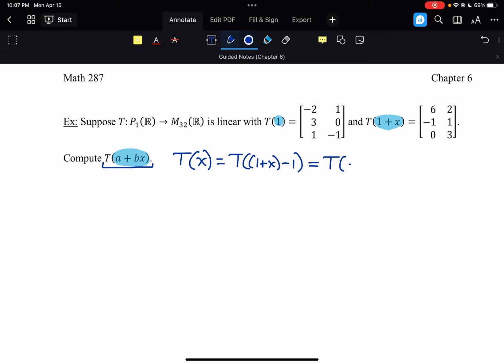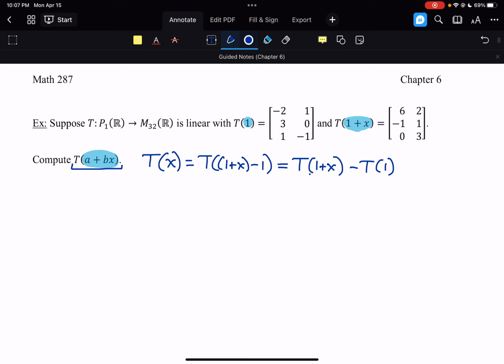And this is T of 1 plus X minus T of 1. So basically we just take this matrix minus this one. That's going to give us another 3 by 2. It's going to be 8, 1, negative 4, 1, negative 1, 4.